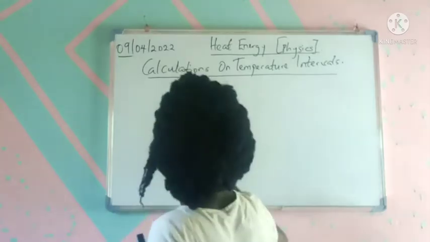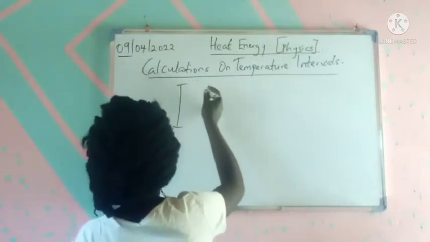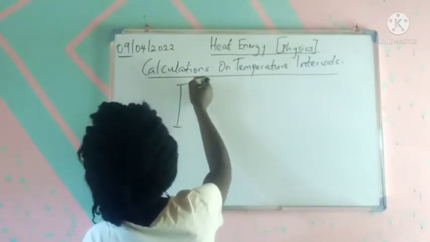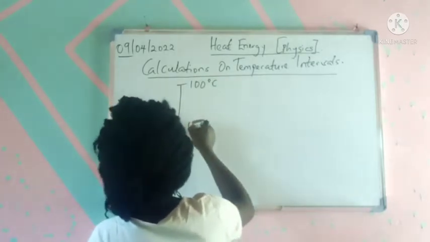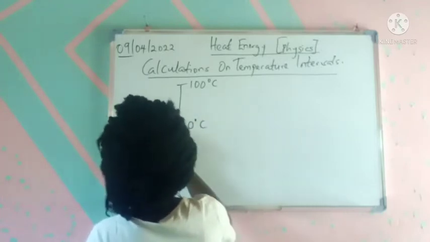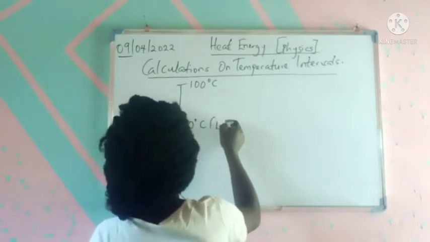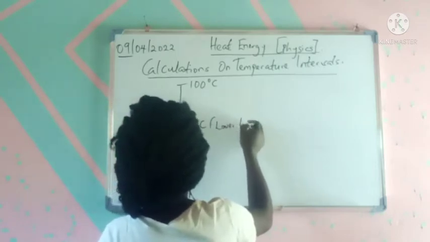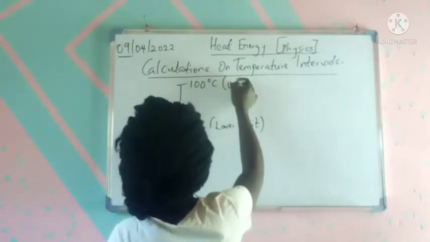So for the Celsius scale, assume this is my thermometer, this is my upper range of 100 degrees centigrade, and this is my lower range. So we have this being my lower limit, and this being the upper limit.